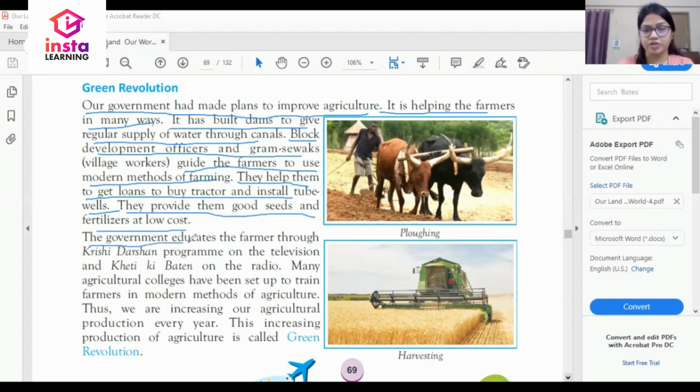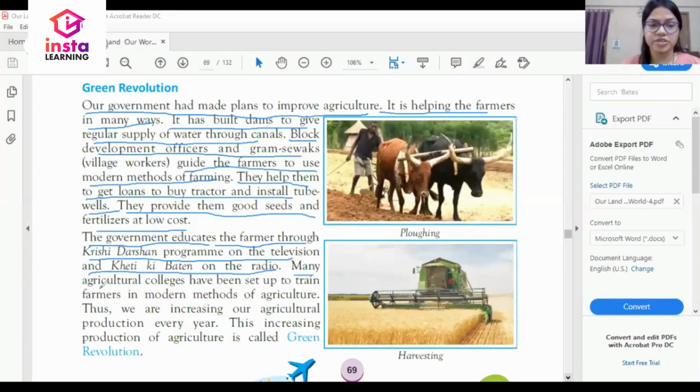The government educates the farmers through the Krishi Darshan program on television and Kheti Ki Baatein on the radio. कैसे एजुकेट करते हैं, कैसे नॉलेज देते हैं? उनको टीवी पे कृषि दर्शन का एक शो आता है, और रेडियो पे खेती की बातें सुनाते हैं.